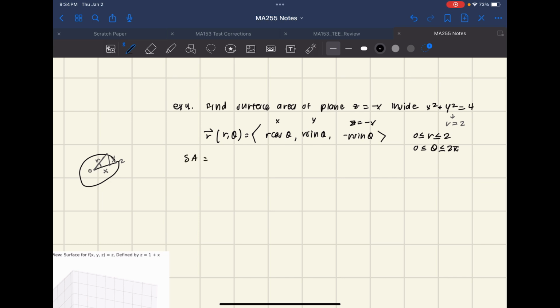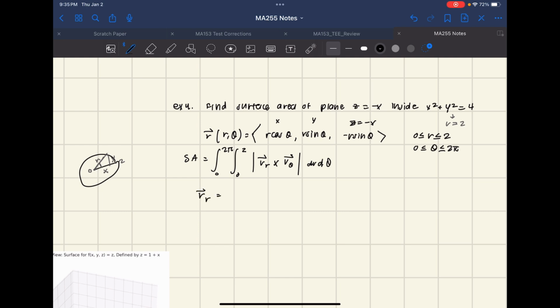So to find our surface area, evaluating from 0 to 2 pi for theta, and then from 0 to 2 for r, the magnitude of the cross product of the two, dr d theta.